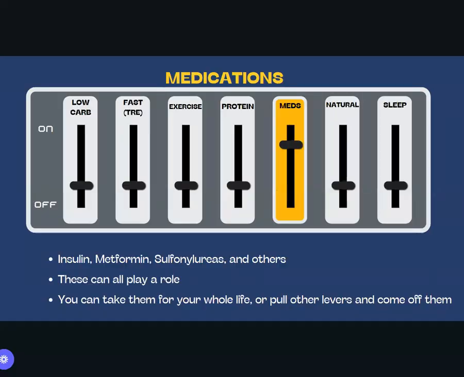Medications. So this is a hack. I know it's medication, but it is a hack. And this is out of my wheelhouse, but whether you use insulin or metformin or any of the other medications, these are all options. When I work with people and we have them on continuous glucose monitors, sometimes we find, wow, I know you're doing everything you can right now, but your blood sugar is just out of control. And that's often a reason to say, why don't you talk to your doctor about trying out metformin or something?